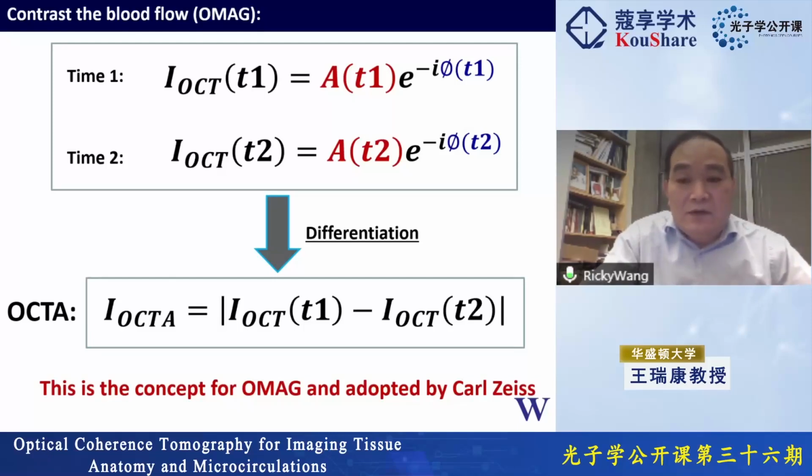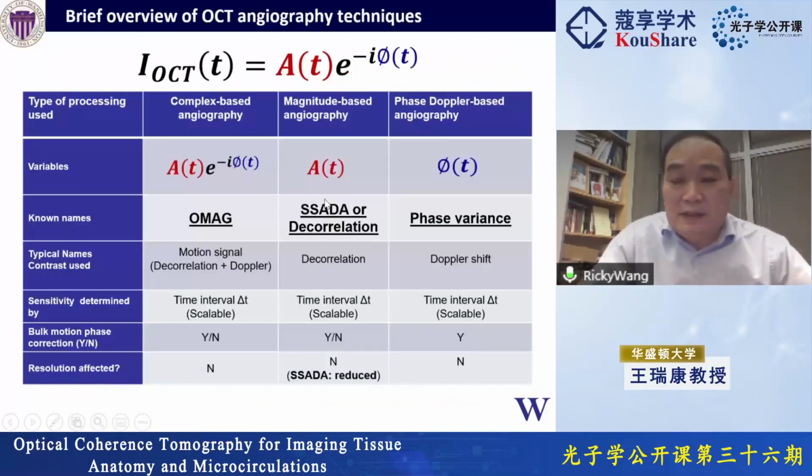Of course, because the OCT signal is a complex signal, blood flow will make the complex function fluctuate, and that includes fluctuation of the amplitude and also fluctuation of the phase signals.